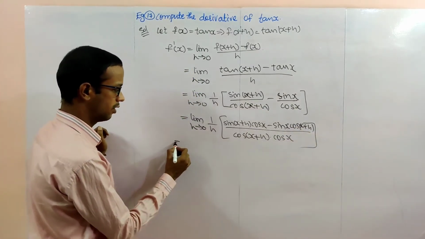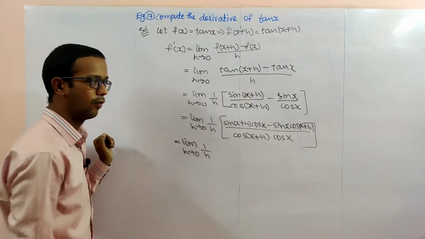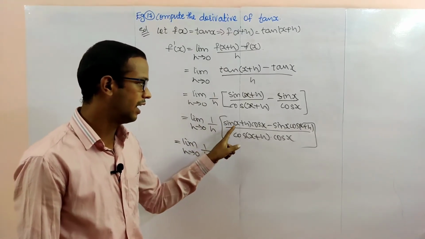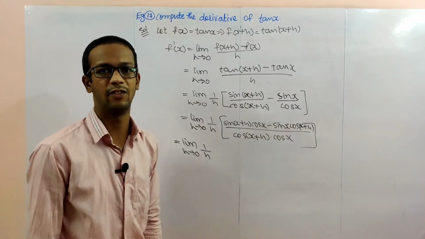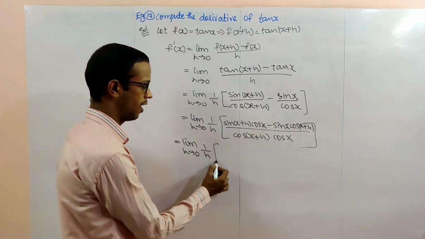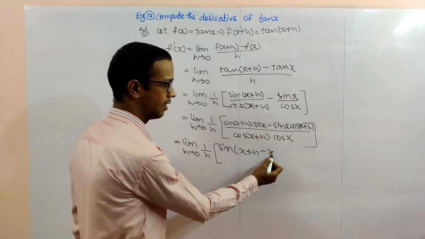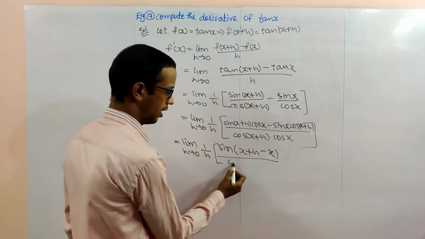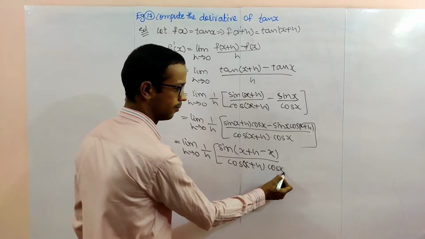Which formula is there? This one: limit h tends to 0, 1 by h, sin x cos y minus cos x sin y, the sin of x minus y formula. So sin of x plus h minus x, divided by cos of x plus h into cos x.